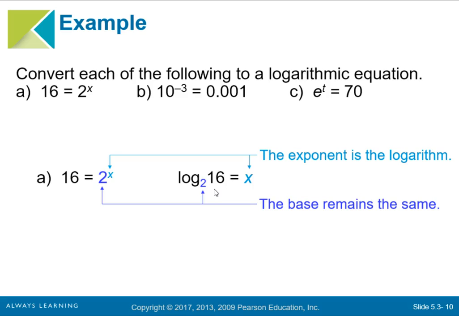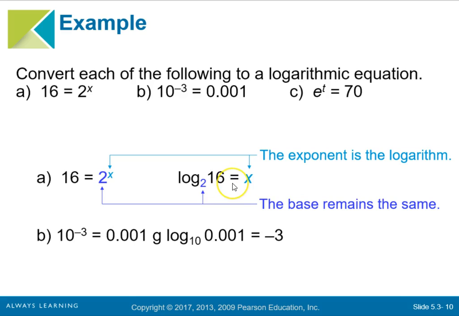It's talking about when we have base 10, and it's going to give us a negative value because it's going to be less than 1. All right, so in this case we have the negative 3 as our end result.